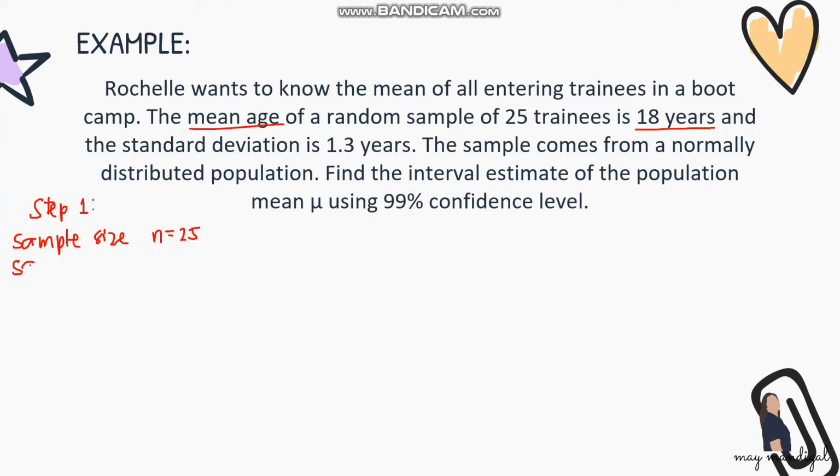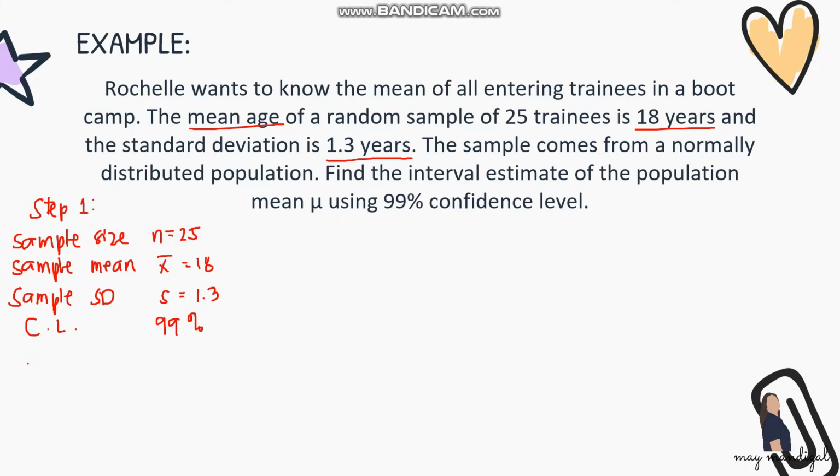So that is our sample mean, or x bar is equal to 18. And the standard deviation is 1.3. So it still pertains to the 25 trainees, so that is our sample standard deviation, or our s, which is 1.3. And our confidence level is 99%.